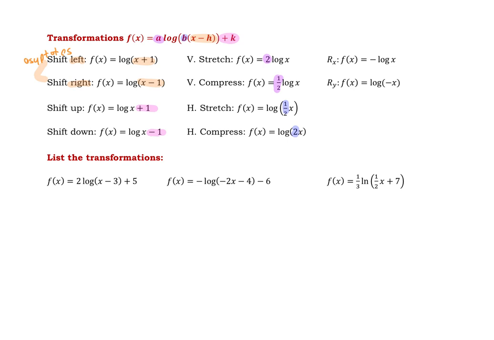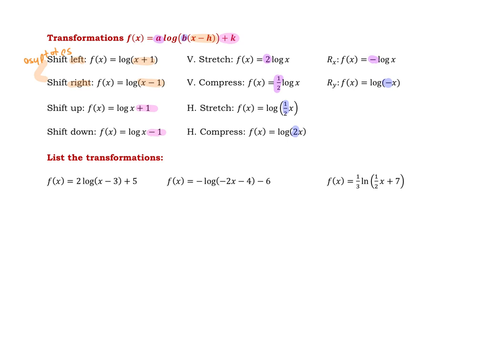And then my reflections are also the A's and B's. So this inside is a B value that's negative, and I would reflect over the Y. The negative inside is the B value. The negative on the outside is the A value, and that's a reflect over the X-axis.